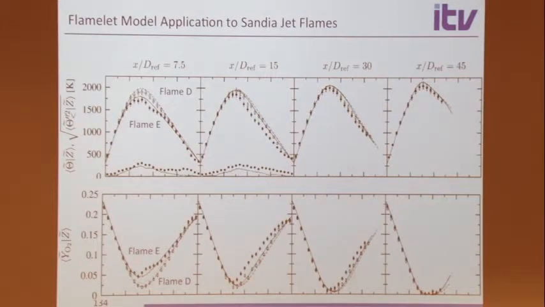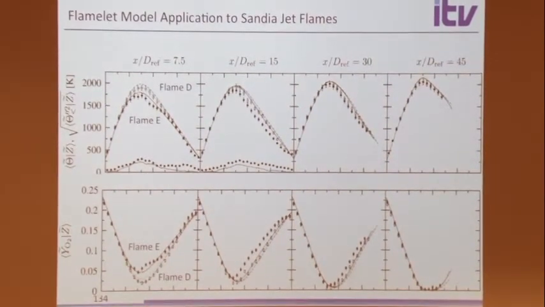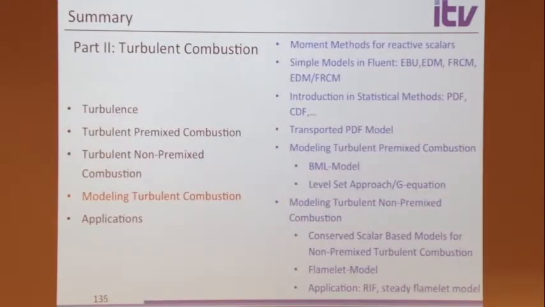Close to the nozzle, but also downstream, and same here for the temperature. So you see, that's what I said in the beginning. If models are based on first principles and come from rigorous assumptions, then they often translate also to other areas.